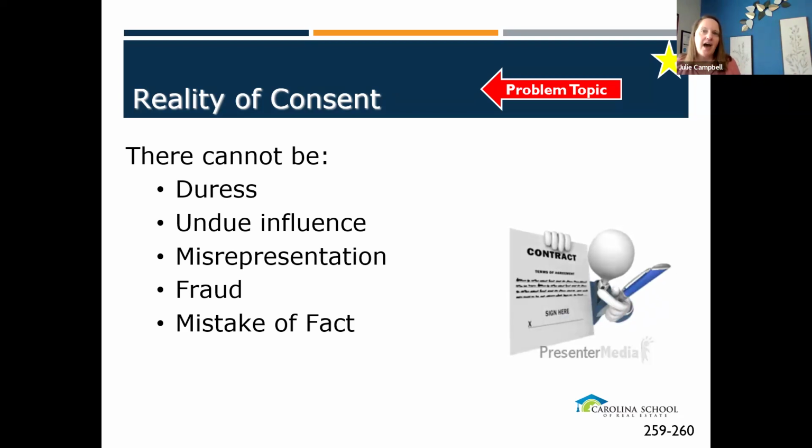The judge may have to determine if the misrepresentation, the false information in the contract, was an accident versus if it was done purposely. I knew I was lying to you to get you to enter into this contract. That is fraud. So for the judge to determine, misrepresentation and fraud could both make this contract voidable.